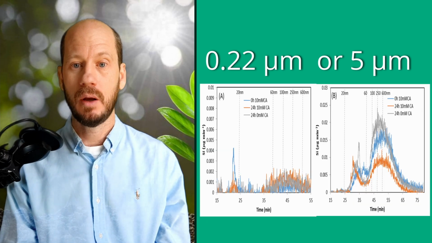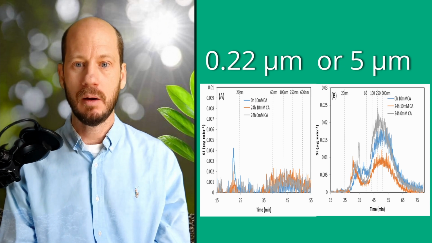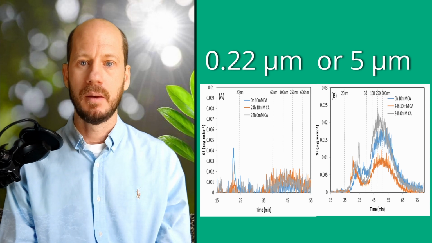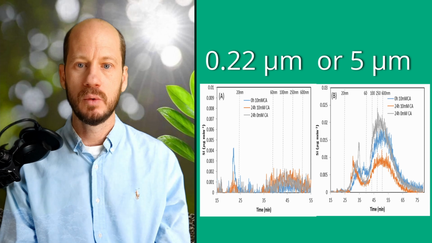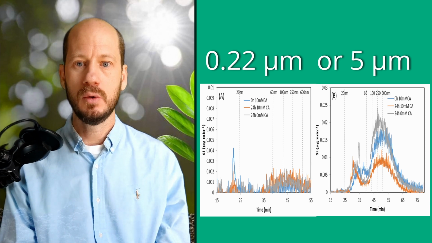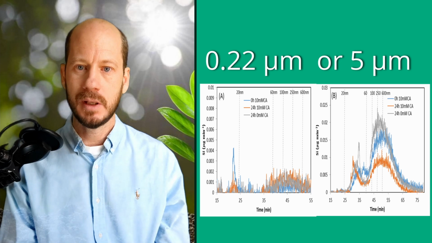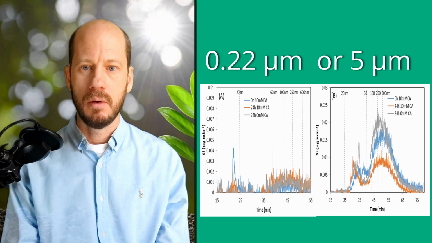In most of our extracts, we found very little silica colloids when filtered to below 0.22 micrometers. But when we filtered to below 0.5 micrometers, yes, we found good patterns of response for silica.